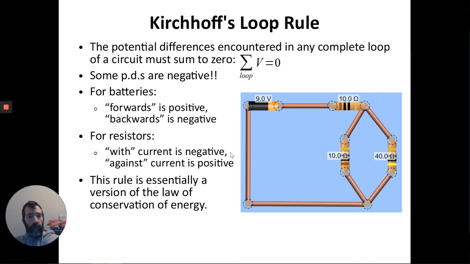Resistors also can be positive or negative, depending on which way you go. But here it depends on the direction of the current relative to the direction that you are traveling as you imagine yourself moving through the circuit. So if you go in the same direction as the current, the potential difference is negative.